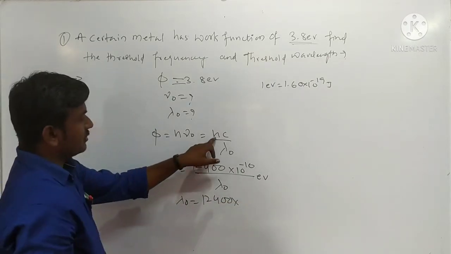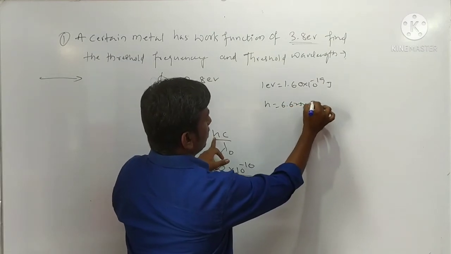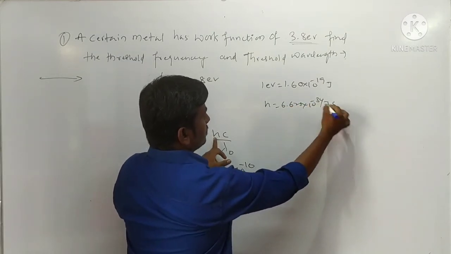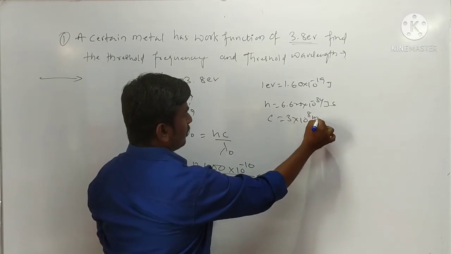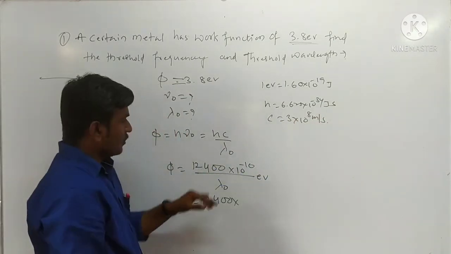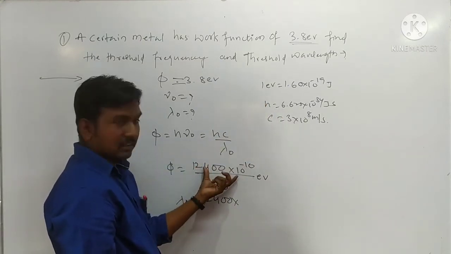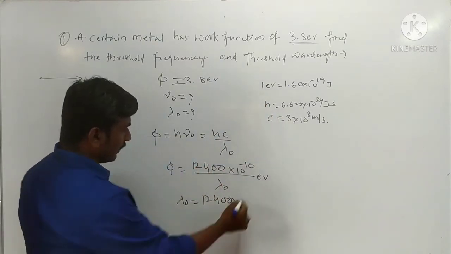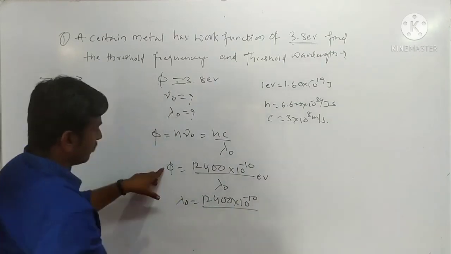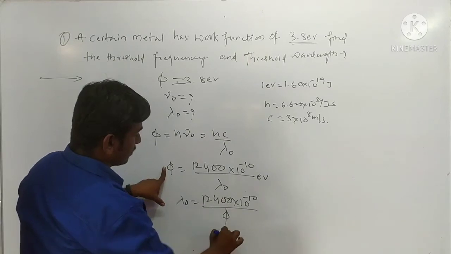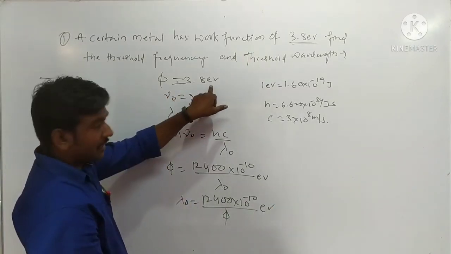Okay, so h is nothing but 6.625 into 10 power minus 34 joule second. c is 3 into 10 power 8 meter per second. So we multiply these two and put the constant, and the formula value comes to 12,400 into 10 power minus 10, whole divided by the energy, which is 3.8 electron volt.